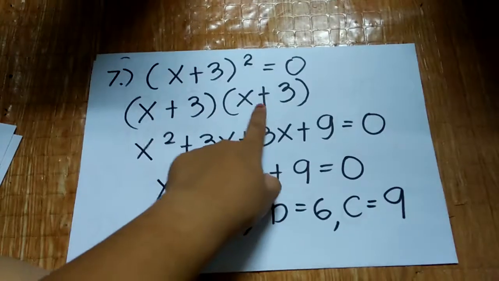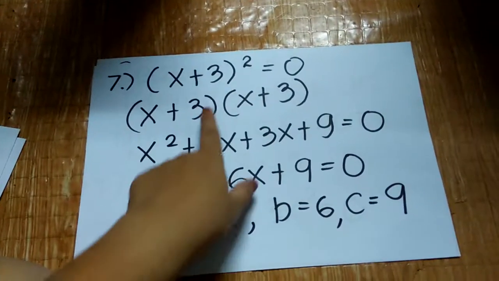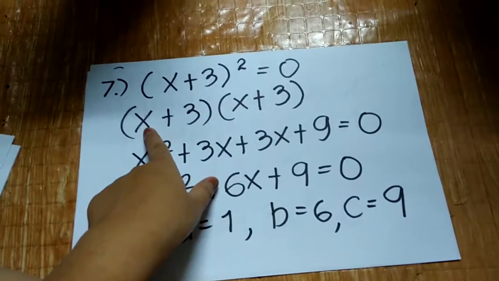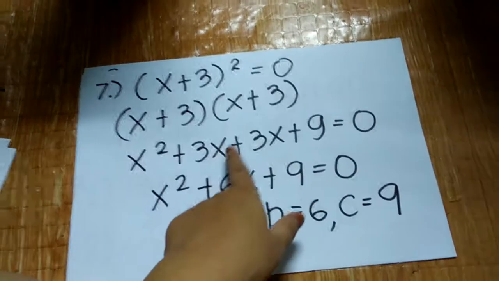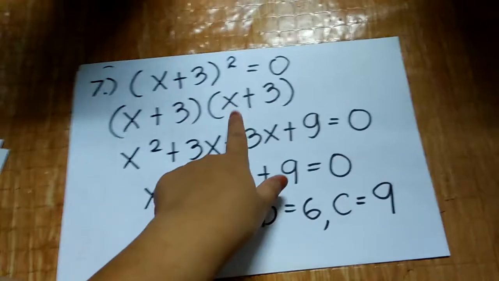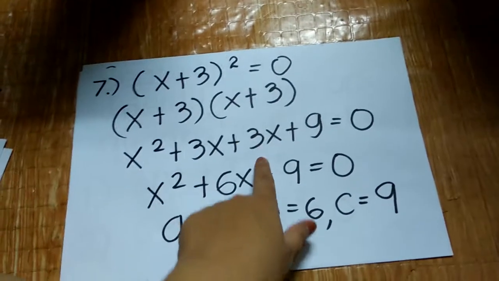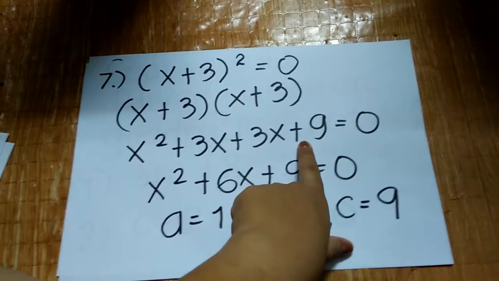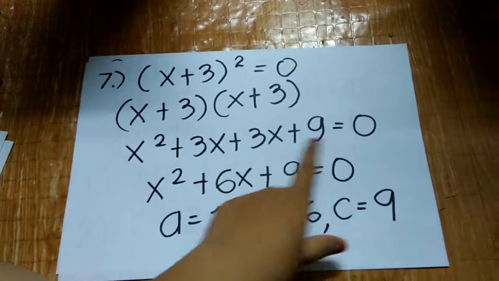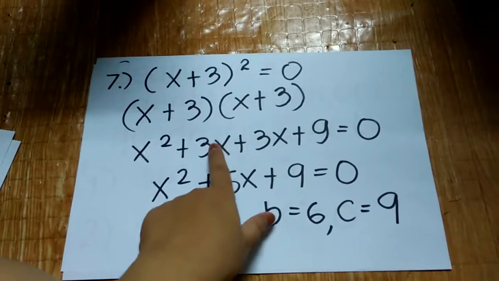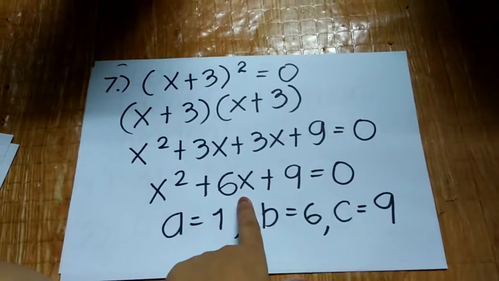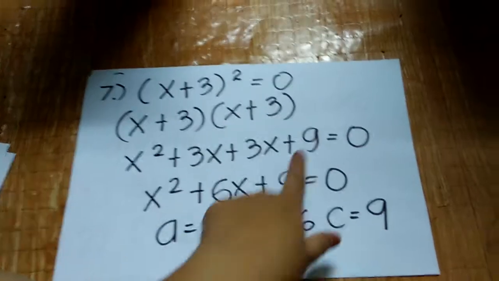So, x times x is x squared. x times 3, 3x. 3 times x, 3x. Then 3 times 3 is 9. Equals to 0. Okay, and then, simplify lang natin itong dalawa kasi pwedeng i-add. 3x plus 3x is 6x. Then, just copy.